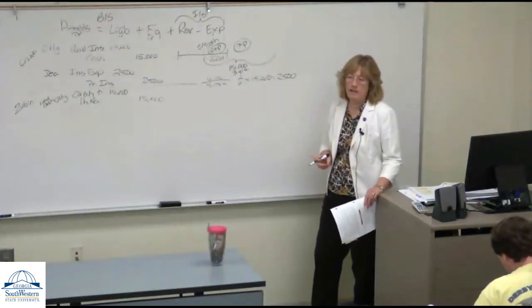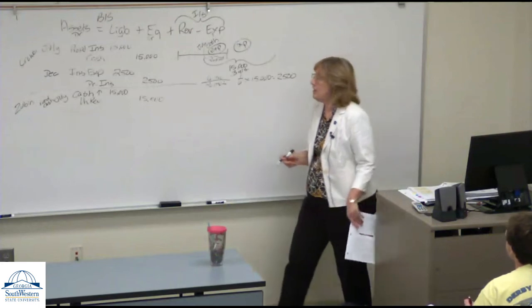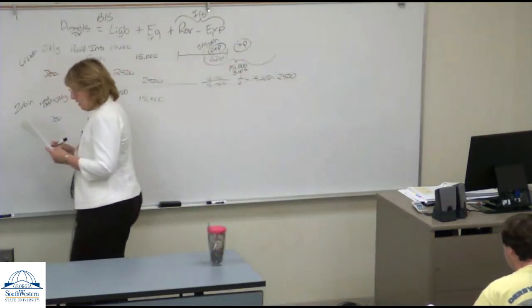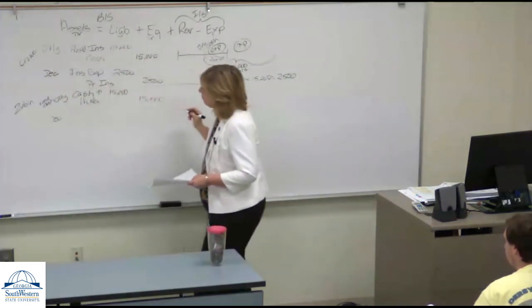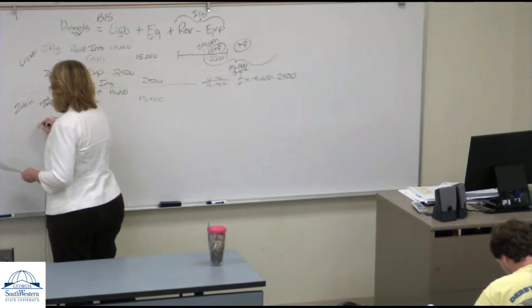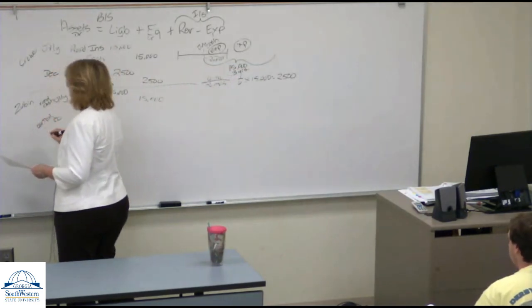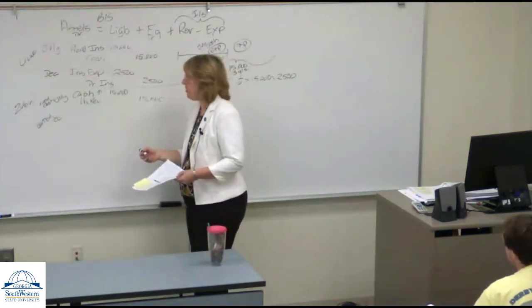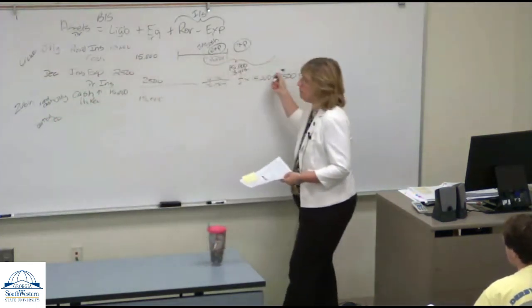Are we doing fine so far? Okay. Then in December, we're going to want to record the revenue that's been earned. So we're going to figure out how much revenue has been earned and record that much. And how do we do it? The same way over here.